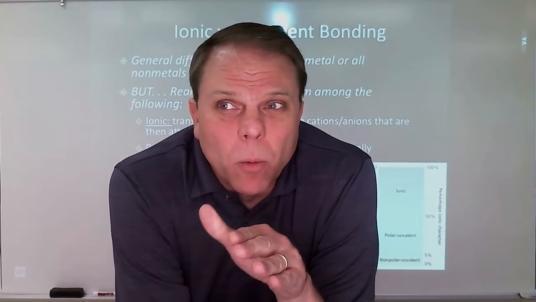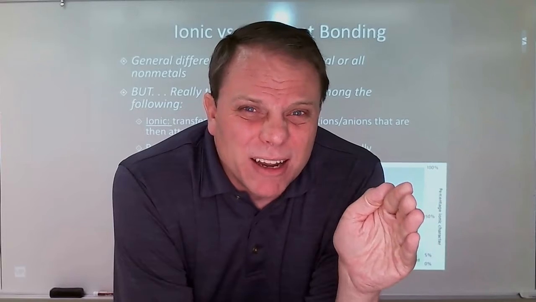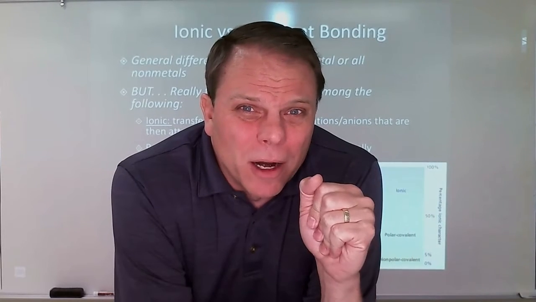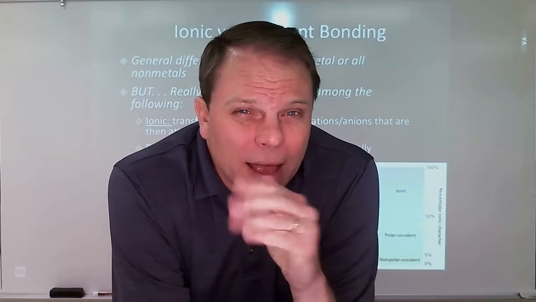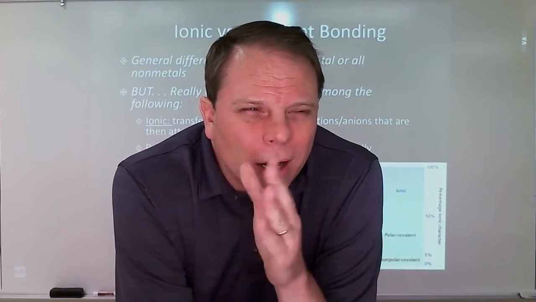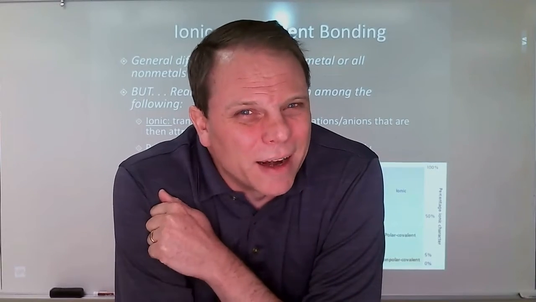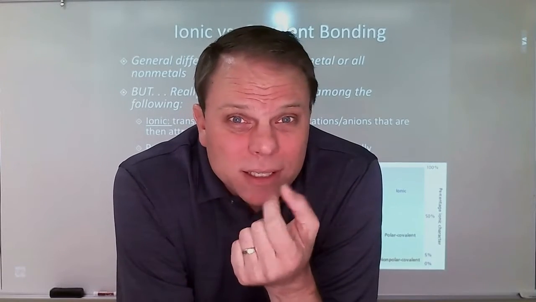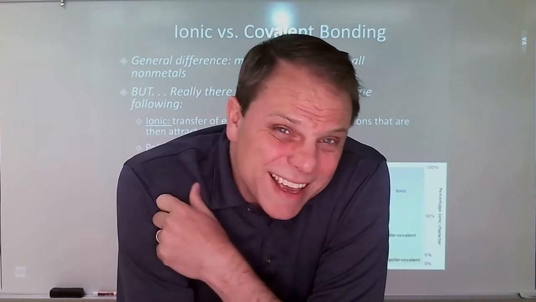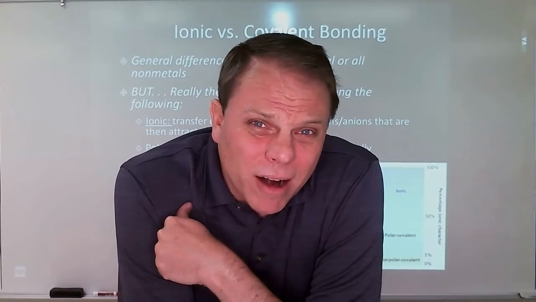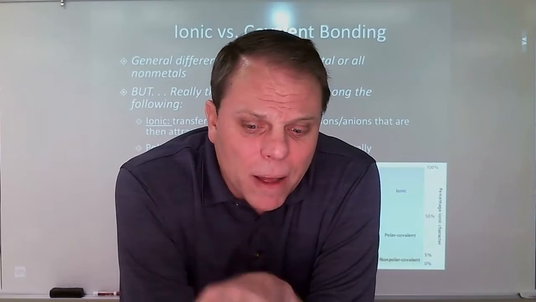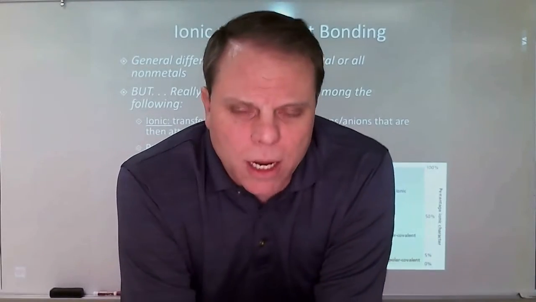It's just that one of them has pulled the electron close enough to itself at this point that we arbitrarily decide that's close enough to call it ionic. It's pretty much taken that electron away from the other one, but they're still next to each other. And the interesting thing is those ionic compounds are actually strong compounds. They have really strong bonds. We'll talk about that in a little bit.